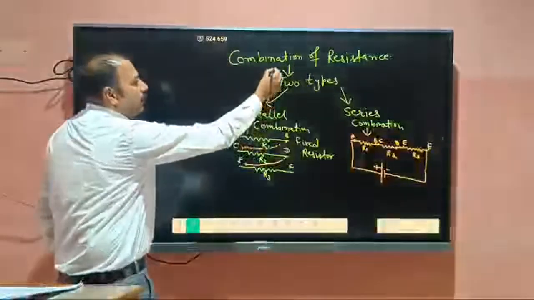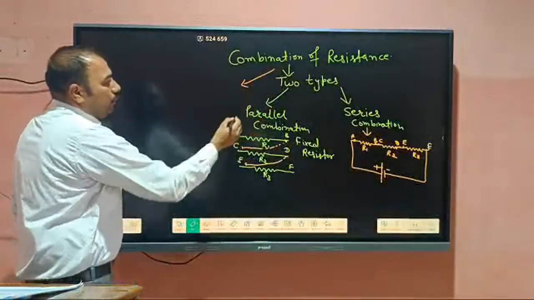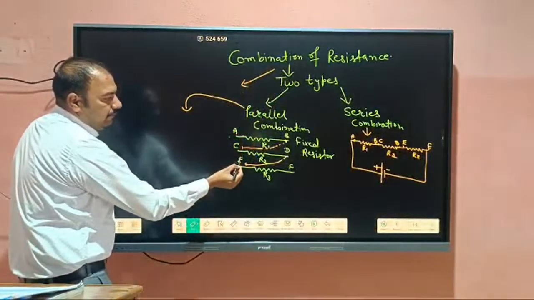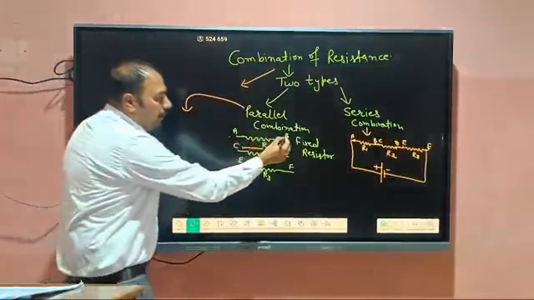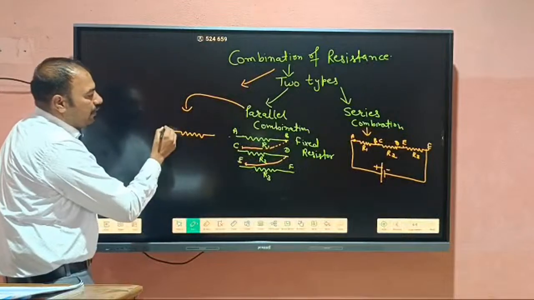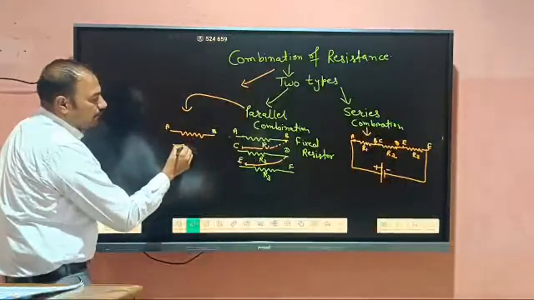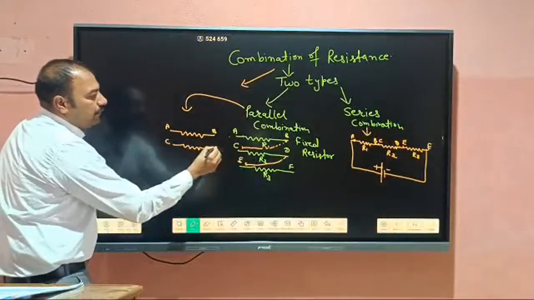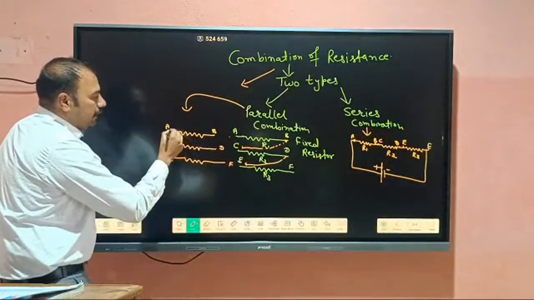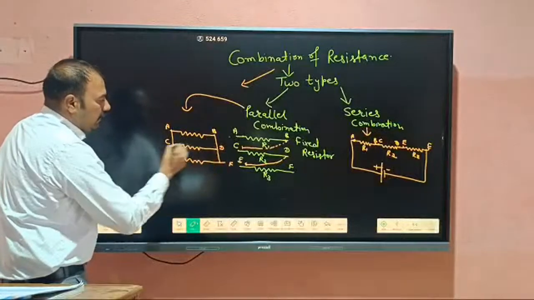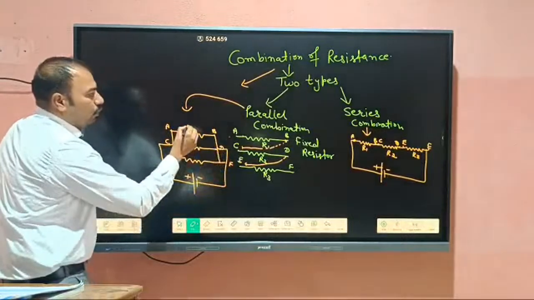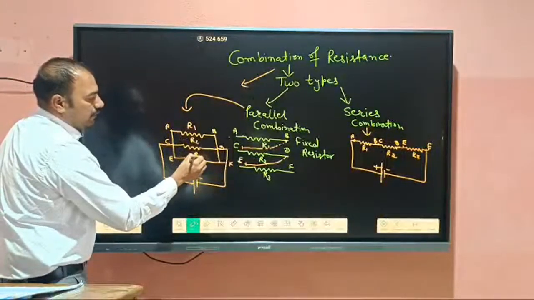And second, what is parallel combination? In parallel combination, A, C, E are connected to each other, and B, D, F are connected to each other. So here what combination forms? For example, this has ends A and B, this C and D, and this E and F, connected to each other, and connected with a voltage. So this is R1, R2 and R3.